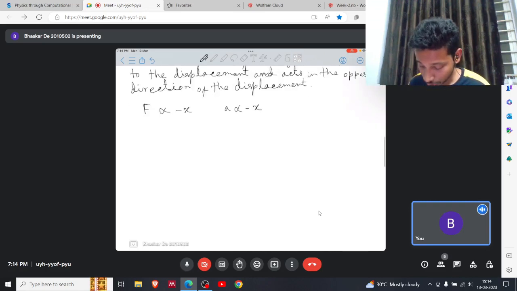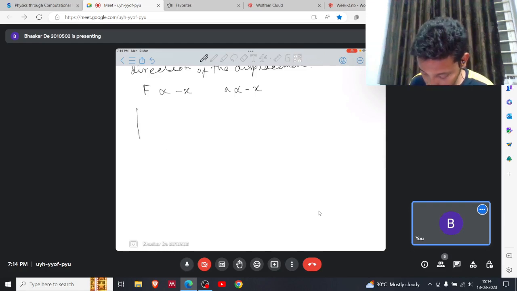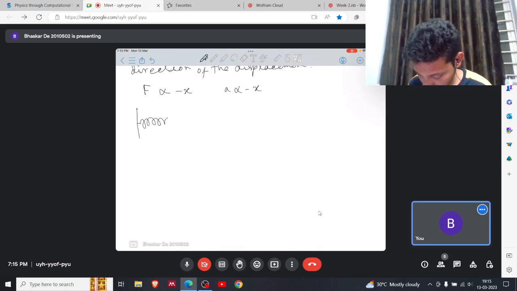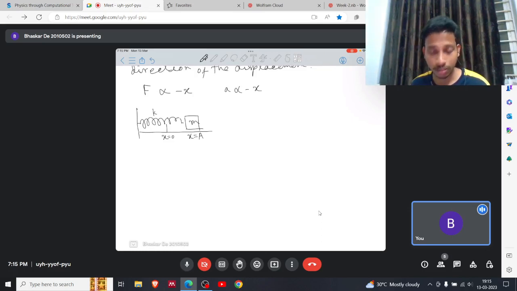So now I can show you an example. This is a mass m attached to the wall with the help of a spring that has a spring constant k.